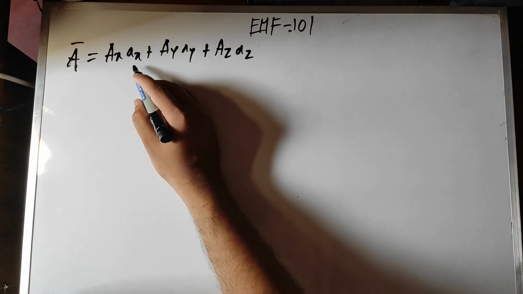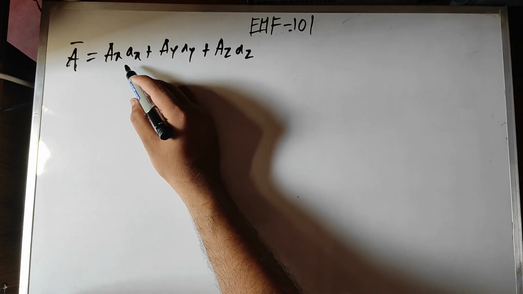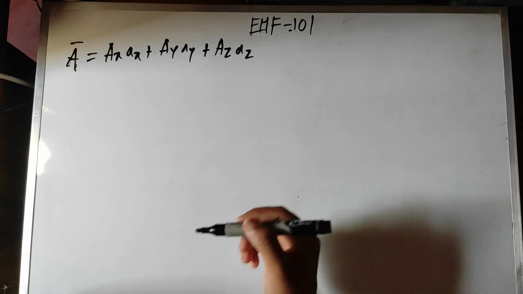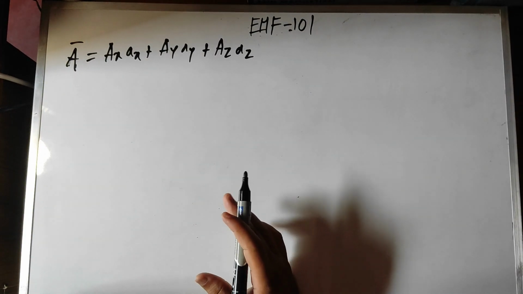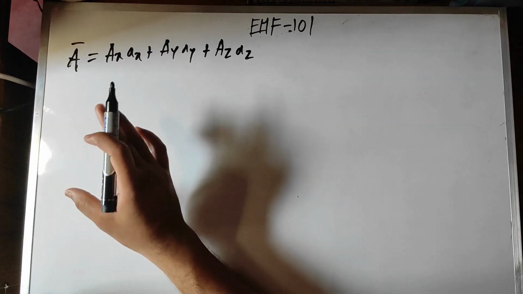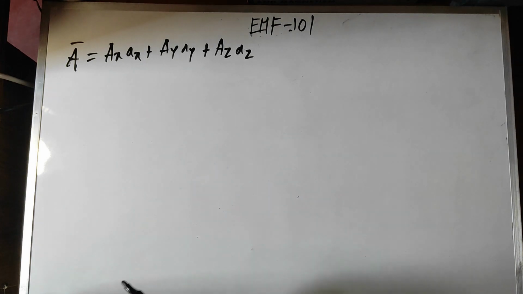Now we know ax, ay, az in the cylindrical system. If we just replace those, we will easily get the full vector in the cylindrical system.